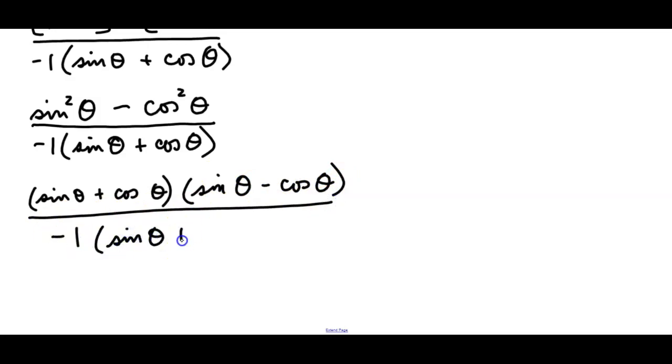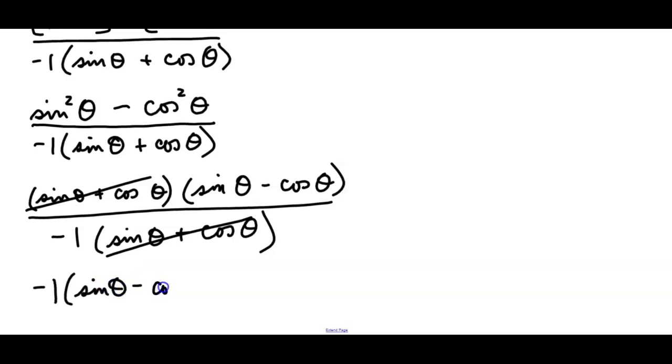The denominator hasn't changed for a while. Okay, now I can cancel sine theta plus cosine theta with sine theta plus cosine theta. And I get -1 times sine theta minus cosine theta.